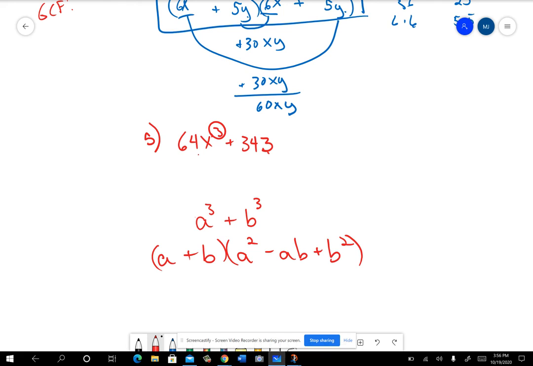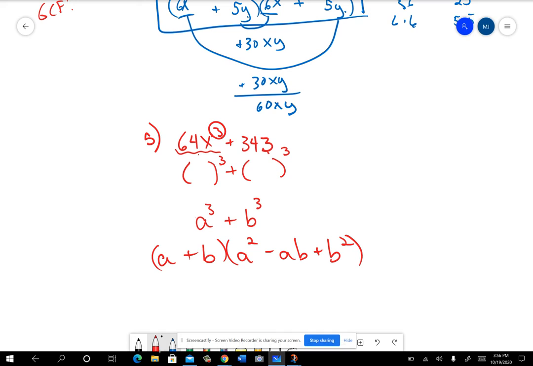All right. Then what you're going to do is go back, and this is really important. You're going to think about what really got cubed to make the 64x to the third happen. 64x to the third is not going to go in for the a. And then you've got to think about what was cubed to make 343. So you've got to think about that.